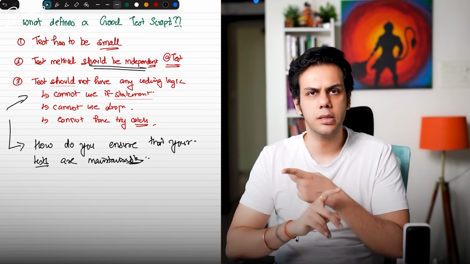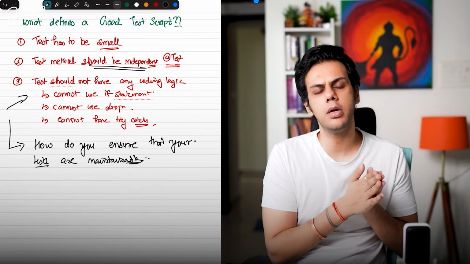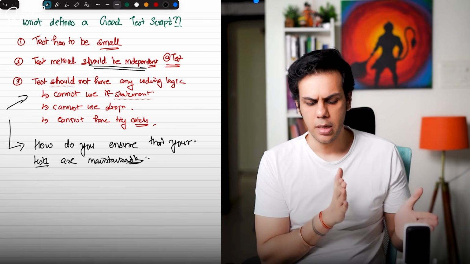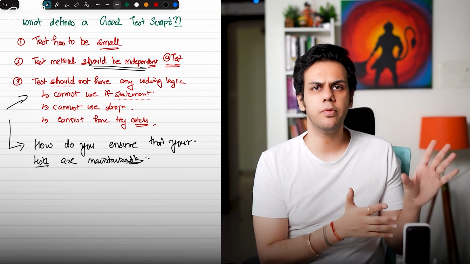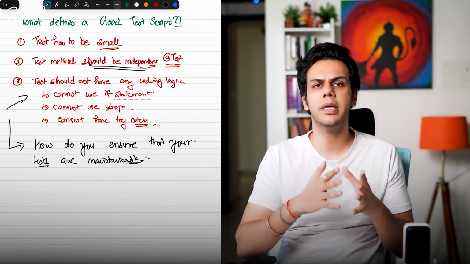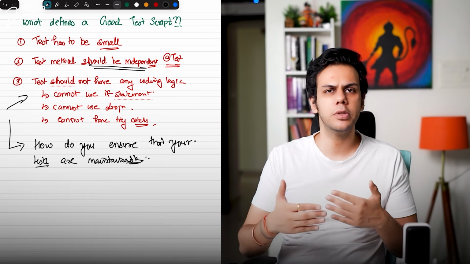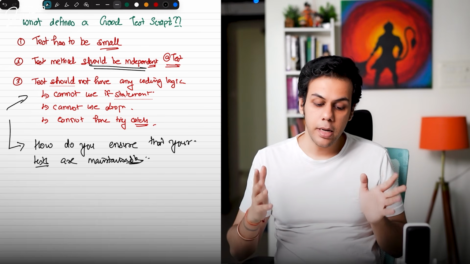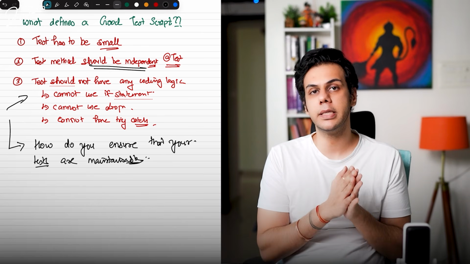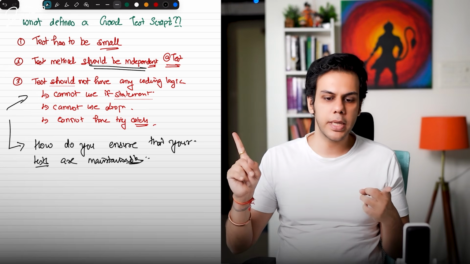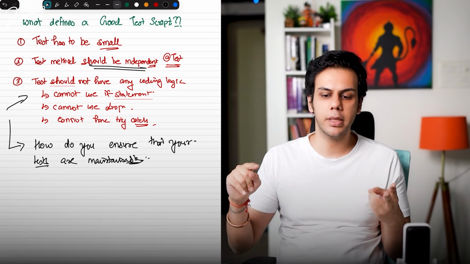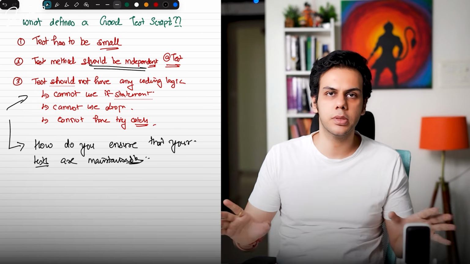Make your test as small as possible, because if it is a small test, it's easy to maintain. Then there should be independence. Each of the tests should be independent from each other. If they are dependent on each other, you're not going to be able to achieve parallel execution. And make sure that all your test methods do not have any coding logic. There should not be any for loop, conditional statements, try catch and all those stuff.